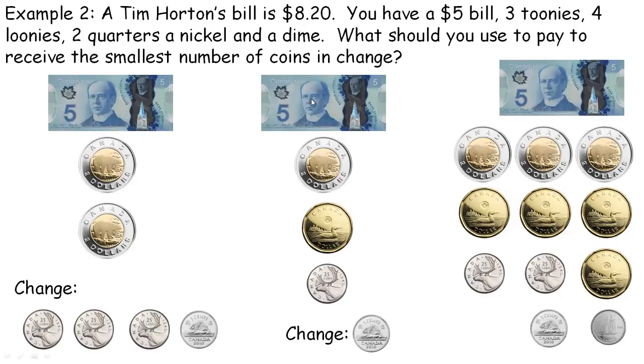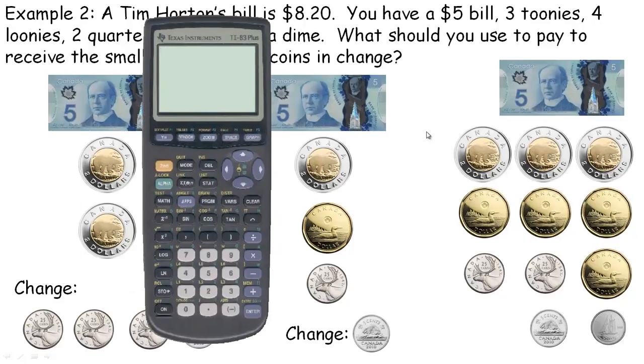Now, if you want to get rid of more coins and keep the $5 bill, instead of giving the 5, you could give more toonies and loonies to end up with the same amount. It's just another possibility. It's $8. We could go 2, 4, 6.